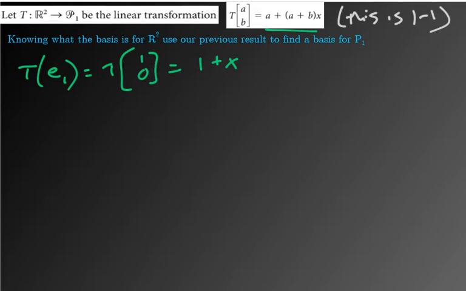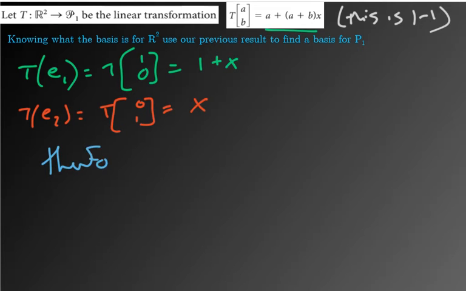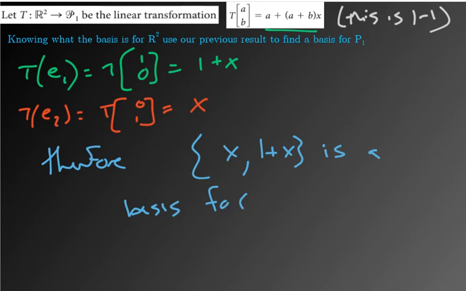And then T of e2, which is T of (0, 1), would go to 0, so just x. Therefore, the set {x, 1 + x} is a basis for P1.